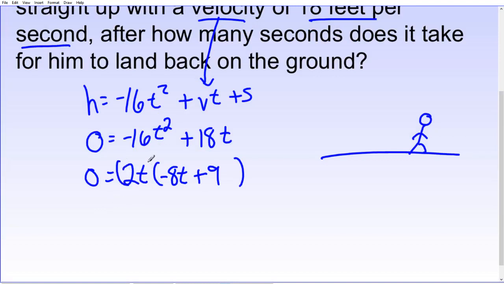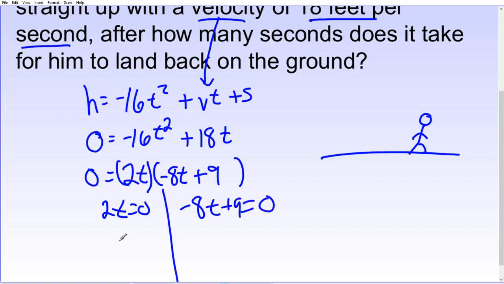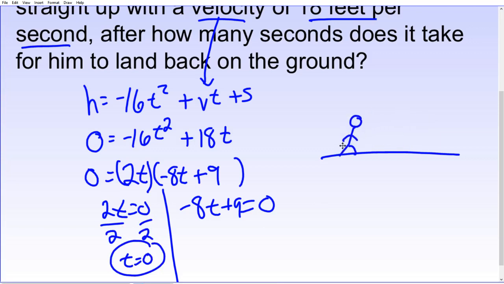So now I'm left with 2 factors being multiplied together equal to 0. So either 2t equals 0, or negative 8t plus 9 is equal to 0. I'm going to solve this guy first because he's easier. T equals 0. So that tells me that at time 0, if you imagine a timeline, Mario was on the ground.